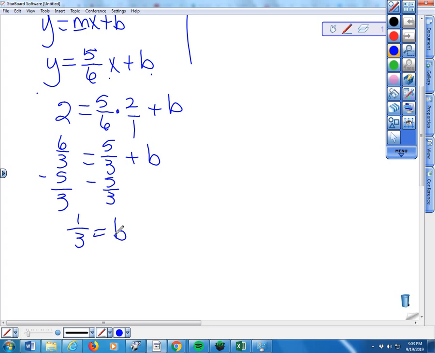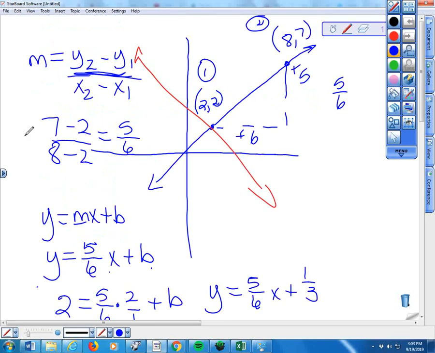And that would have been hard for me to see on the y-intercept. If that line crossed, for me to say it was 1/3 or 1/5 or 1/2, it would have been tough. Okay, I know b, so I write my equation now. That's the equation of the line that goes through those 2 points.